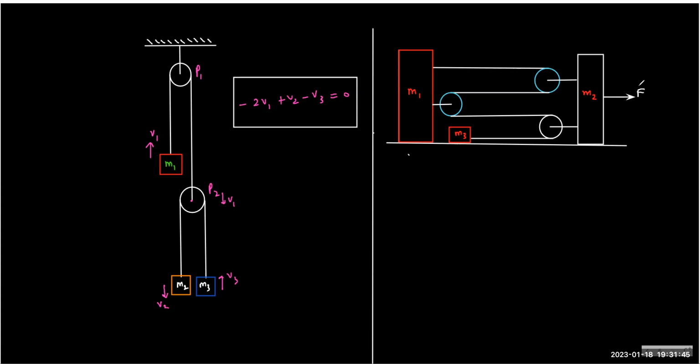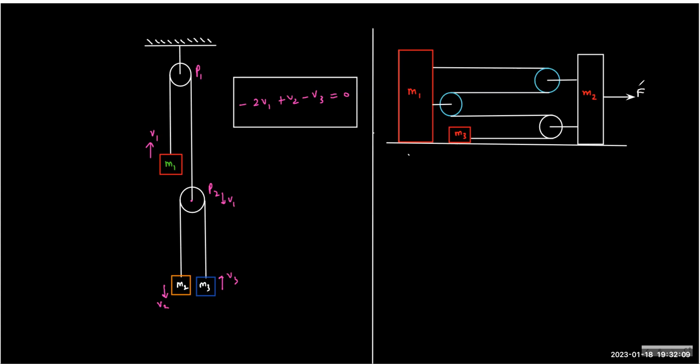So how many moving masses do you have here? Can you count? Can you see the number of moving masses here? Yes, sir. 3. So 3.